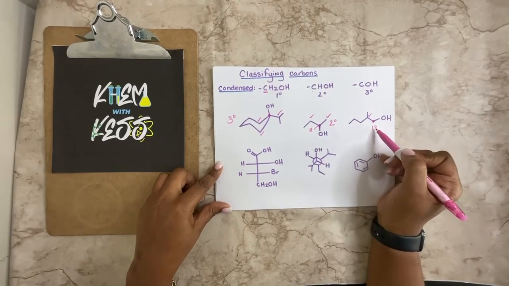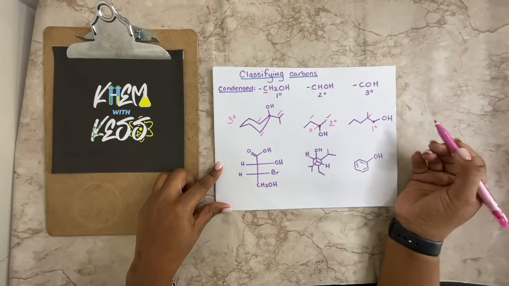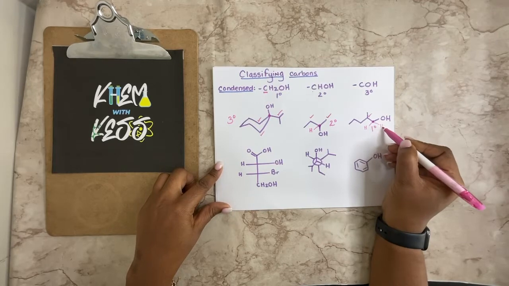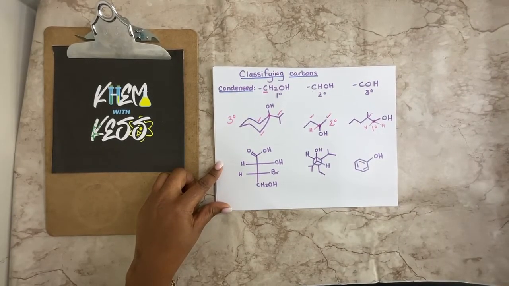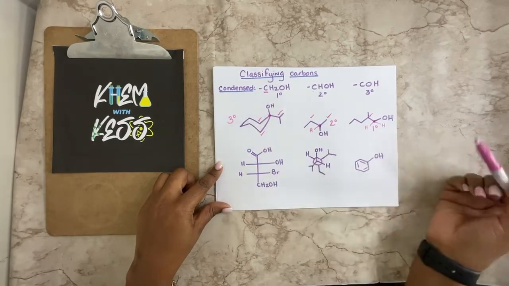And here you have a primary one, so you see that the carbon has 2 bonds currently, so if I draw the other 2 in, being 2 hydrogens, to complete the octet rule of having 4 bonds, you will see that there's 2 hydrogens connected to a primary alcohol.